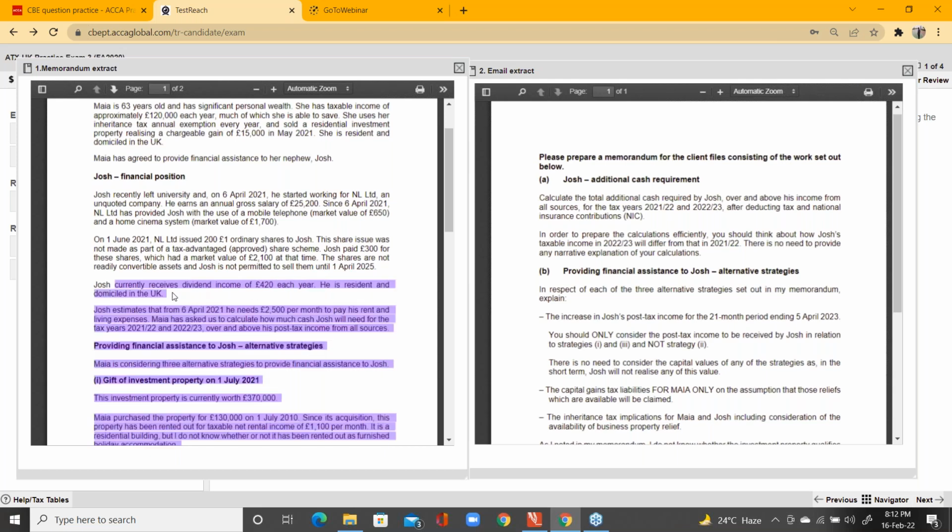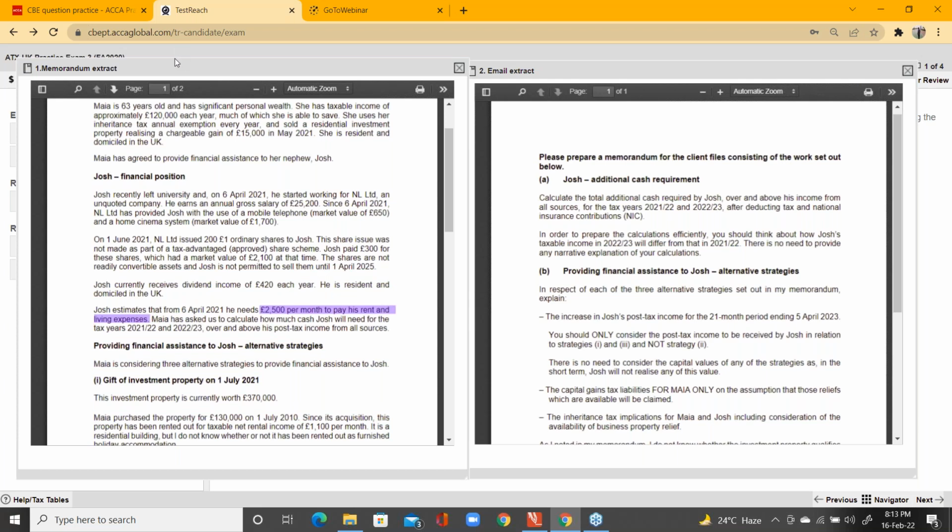Josh currently receives dividend income of 420 each year. He is resident and domiciled in the UK, which confirms that any UK income or worldwide income would be taxed in the UK because Josh is UK resident as well as UK domiciled. Josh estimates that from 6 April 21 he needs 2500 per month to pay his rent and living expenses.